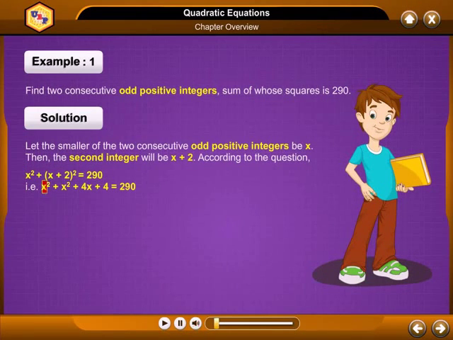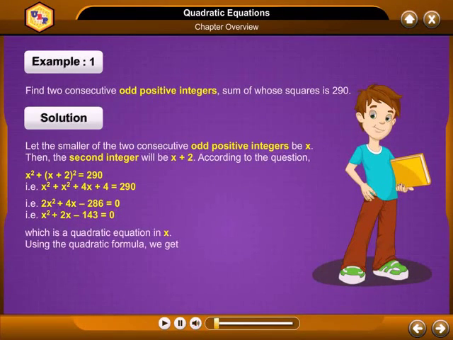That is, x square plus x square plus 4x plus 4 is equal to 290. That is, 2x square plus 4x minus 286 is equal to 0. That is, x square plus 2x minus 143 is equal to 0, which is a quadratic equation in x.